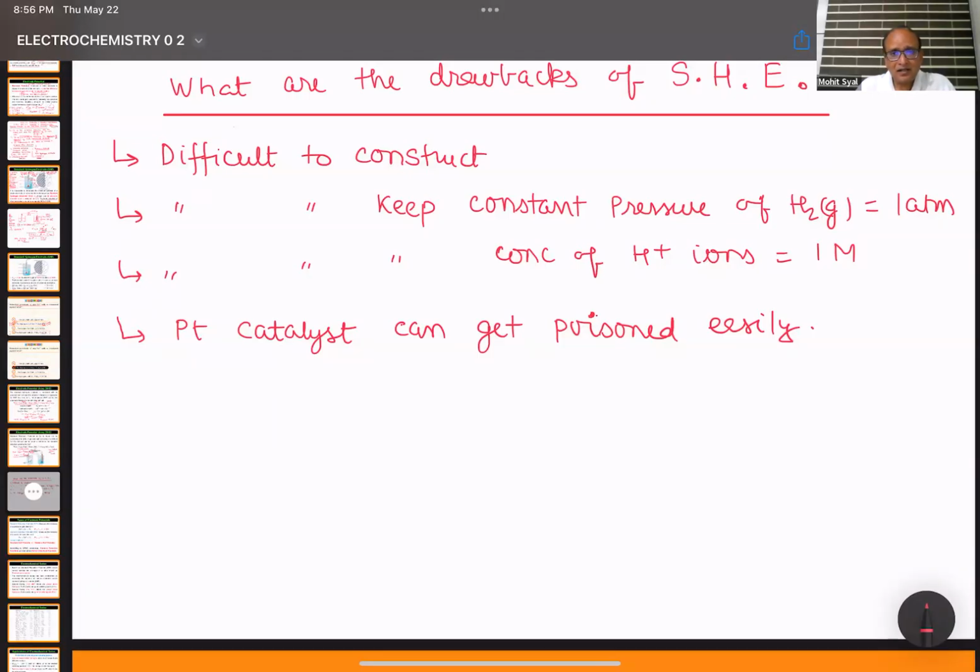So standard hydrogen electrode is just used one time to list all the electrode potentials. Those electrode potentials are only under standard condition, not at every condition.